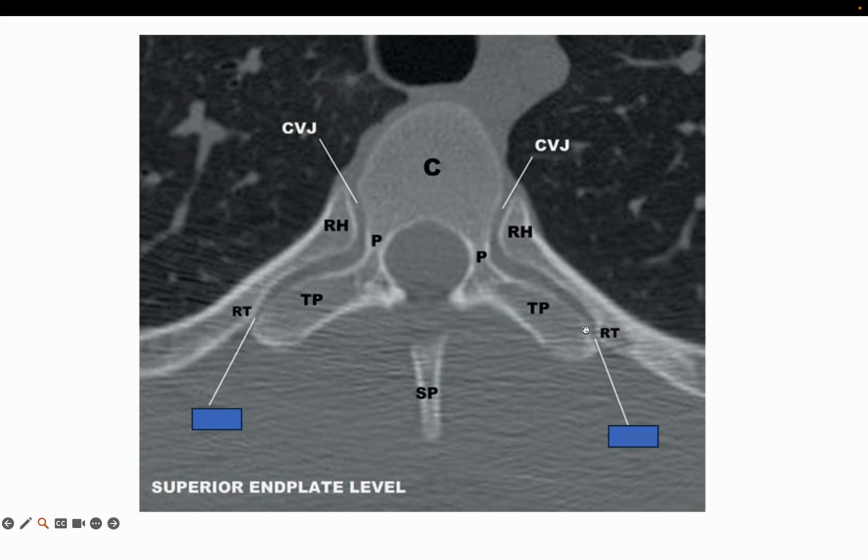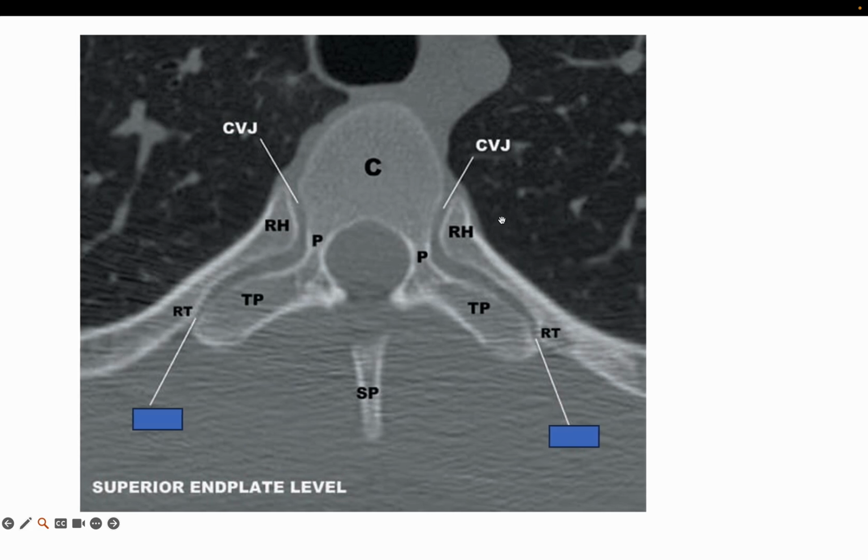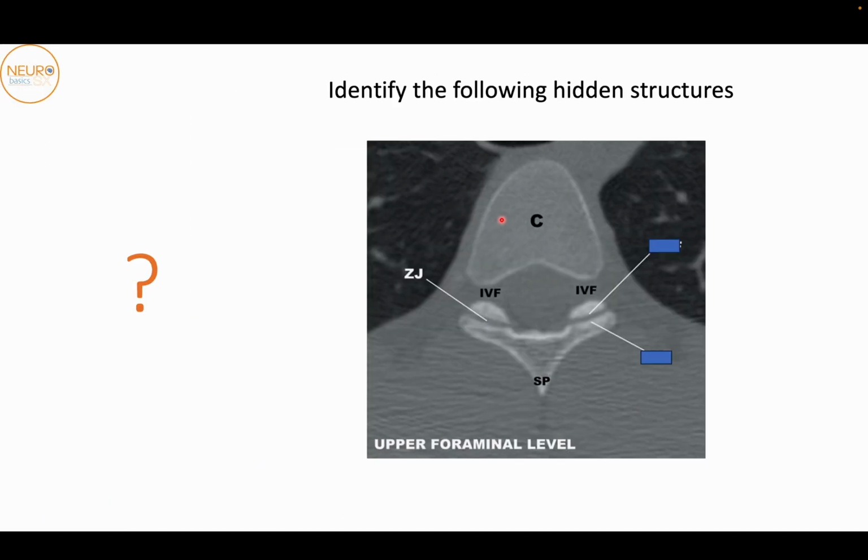Because this is the articulation between the transverse process and the rib tubercle. So this is the costotransverse joint. And we can see the costovertebral joint, the articulation between the rib head and the vertebral body over here. Okay.